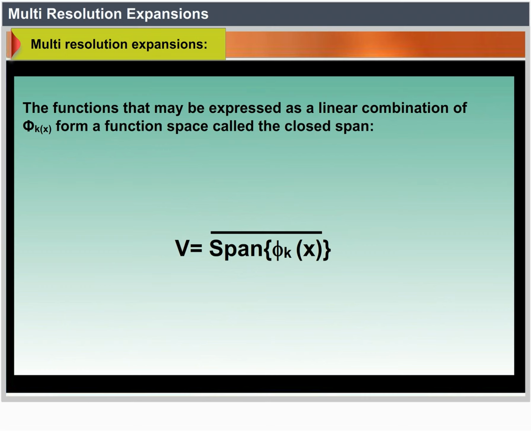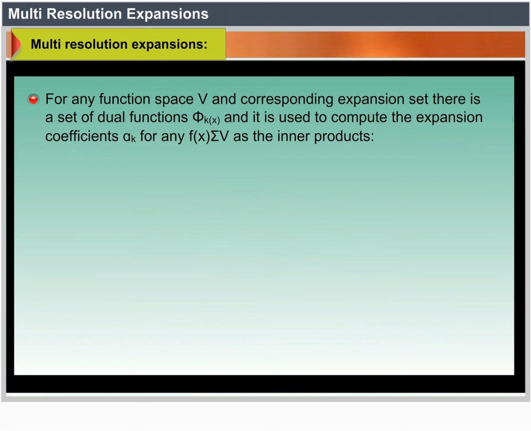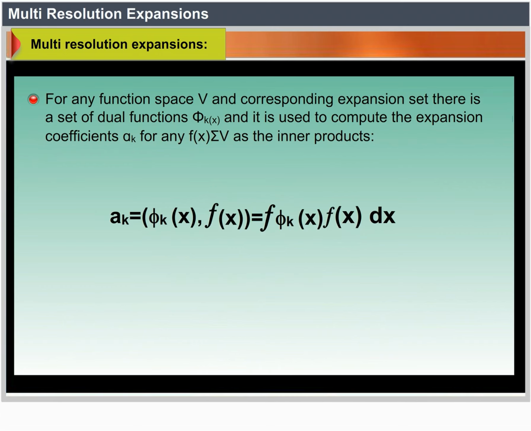For any function space V and the corresponding expansion set, there is a set of dual functions phi tilde k of x, and it is used to compute the expansion coefficients alpha k for any f of x in V as the inner product.